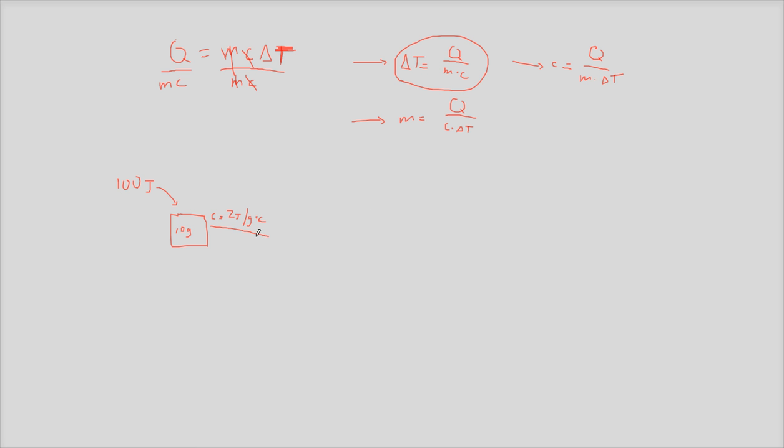Okay. So if I want to figure out how much this block changed in temperature by adding 100 joules to it, it's 10 grams, and its specific heat is 2 joules per gram degree Celsius. So let's just think about this before we plug it into the equation. From the specific heat standpoint, I need 2 joules to make 1 gram of this go up by 1 degree Celsius.